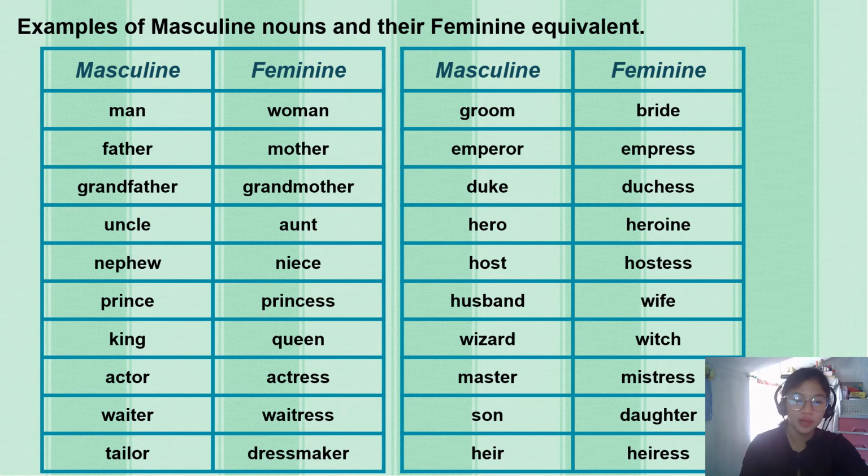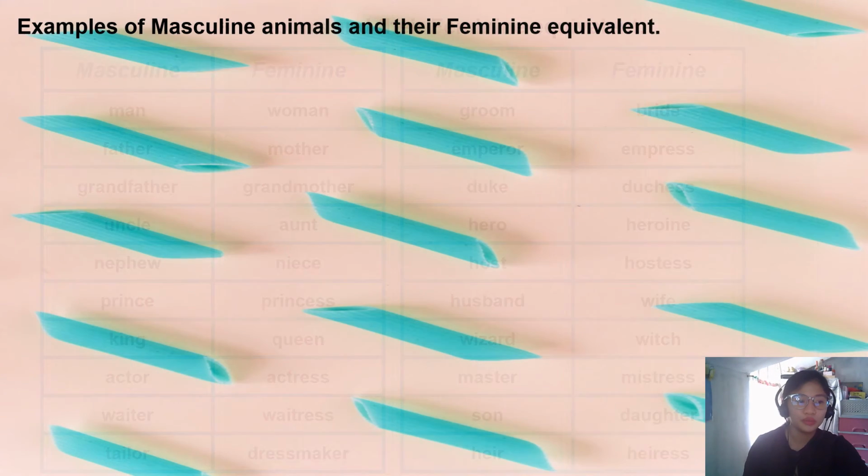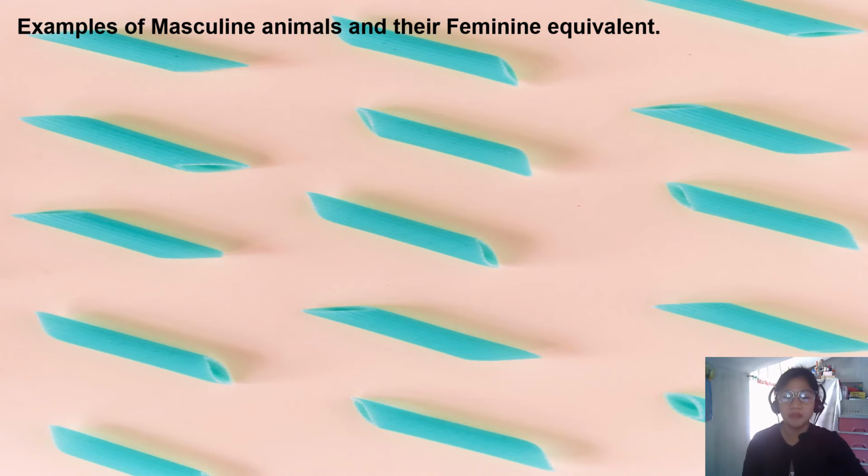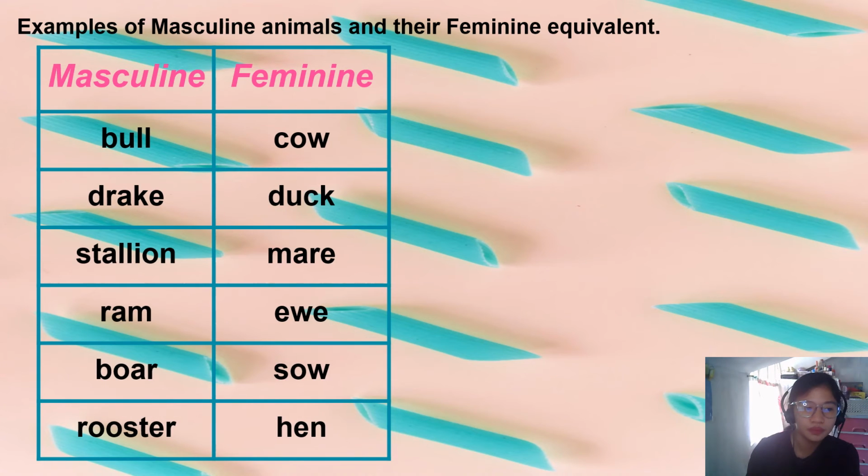Okay? That is why we call it feminine. So in the second column here, second and fourth column, there are lists of feminine nouns. Okay?